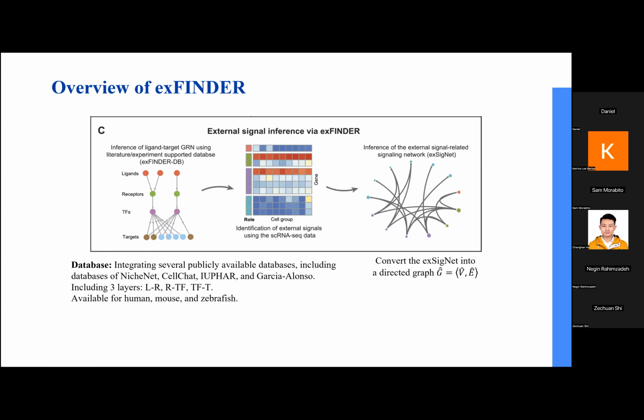So yeah, we are talking about the communication between clusters. But that's a very good point. We are still working on developing a new method to have a higher resolution, even single cell resolution or a customizable resolution.